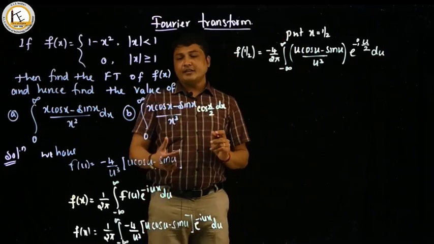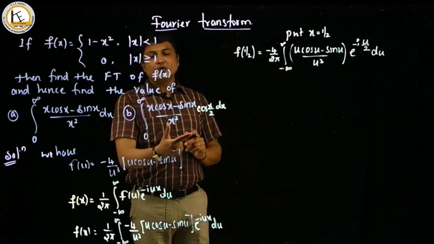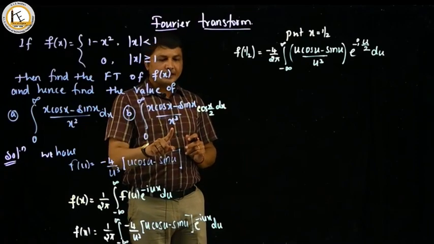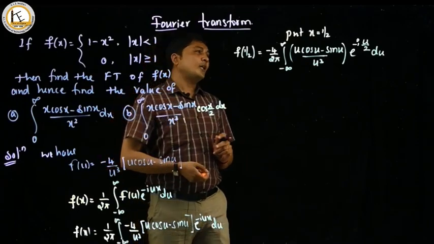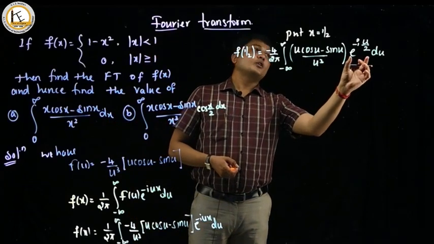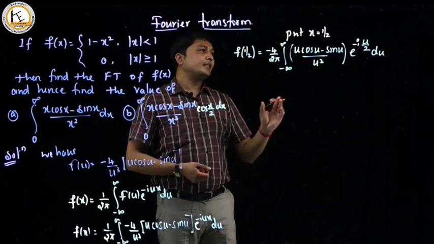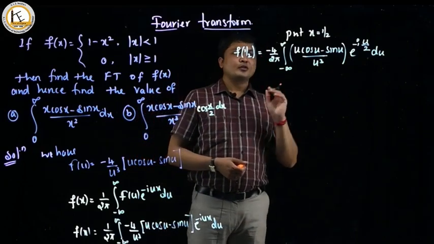And since our intention is to get the value of the integral from 0 to infinity of x cos x minus sin x divided by x cube into cos x by 2, and still there is an exponential function, we need to reduce it in terms of sine and cosine.